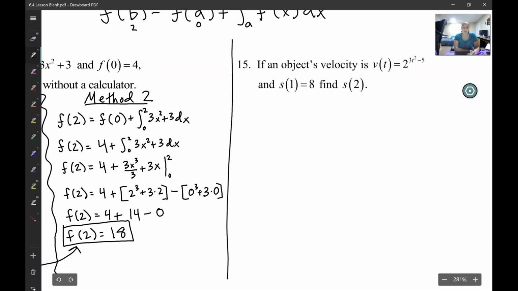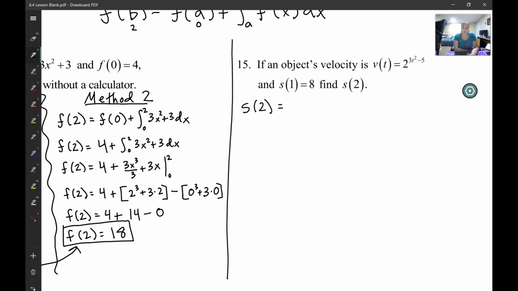Okay, last problem of this lesson, number 15. This is an object's velocity. I want to find the position. So I'm going to set up your start plus accumulation, and then I want you to finish it.